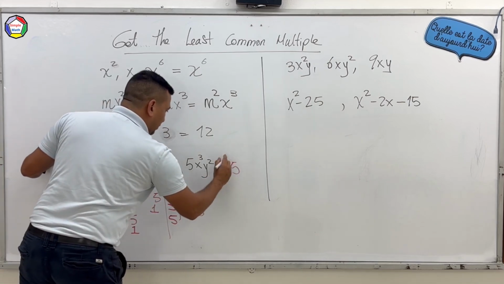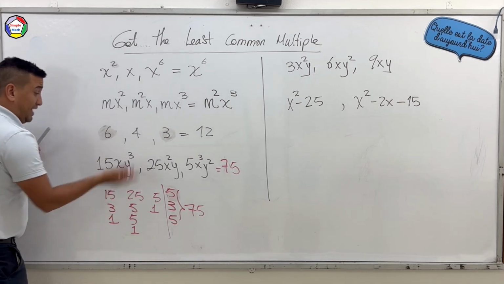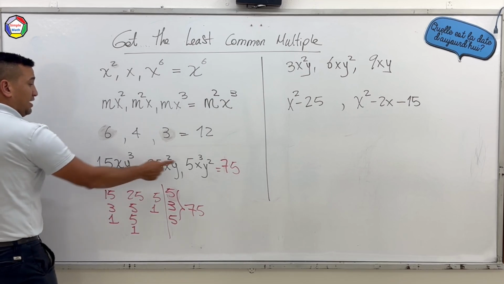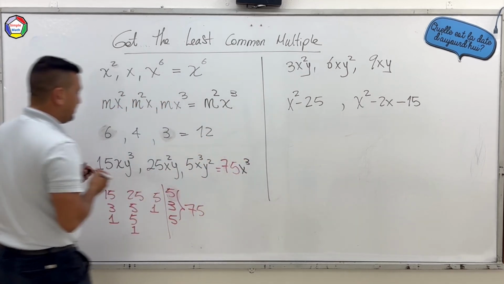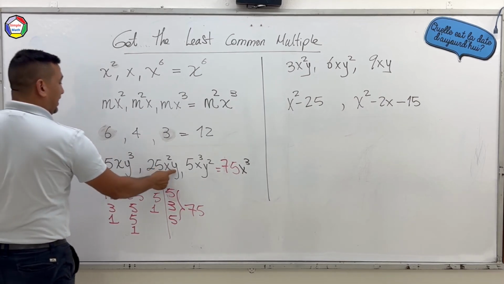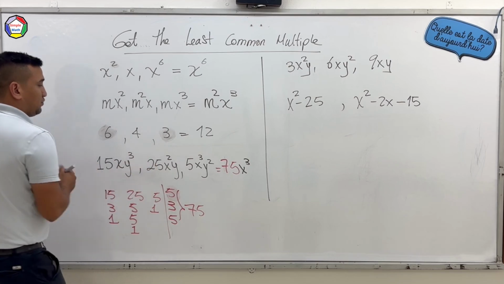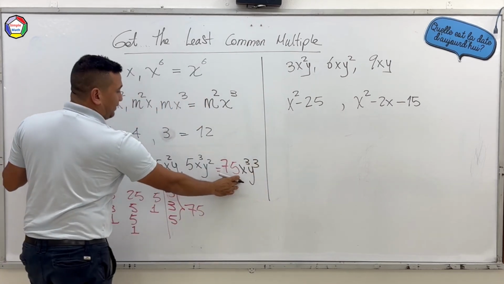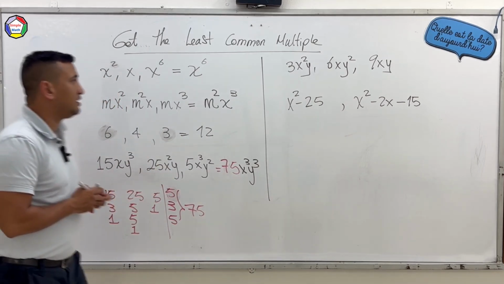Then the letters: x is repeated, with the highest exponent x cubed, and the y with the greatest exponent is y cubed. So 75x cubed y cubed is the least common multiple of this.